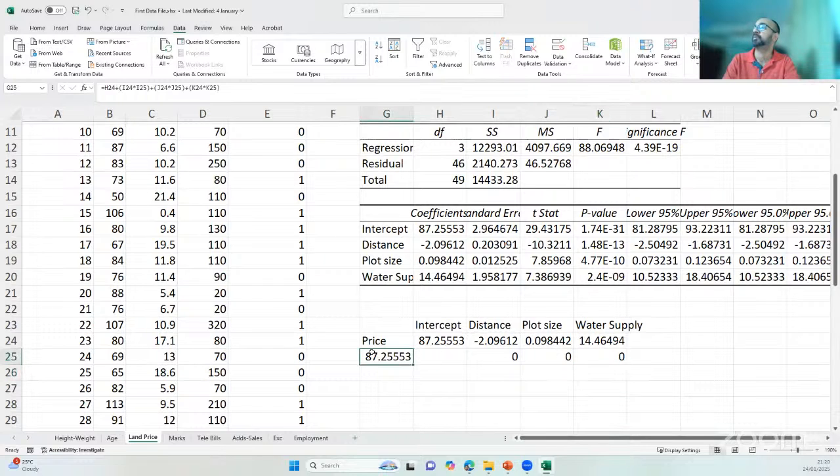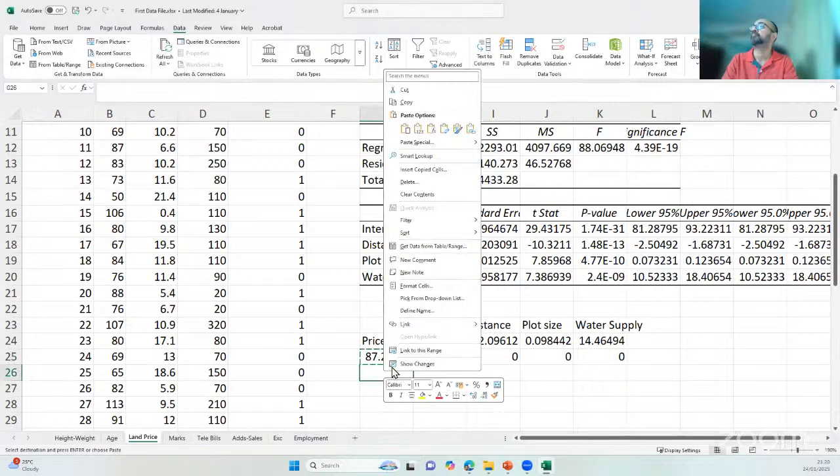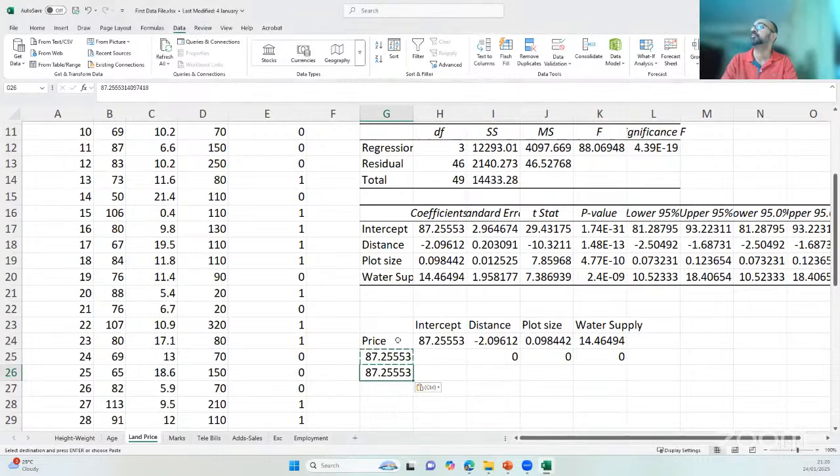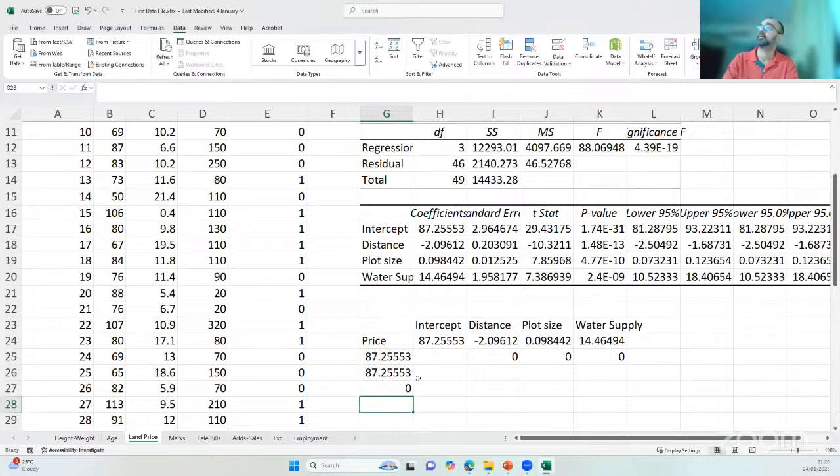So this is the base value. I'll copy that as the value, and I will see the gap. This minus this. Okay, now it is 0.